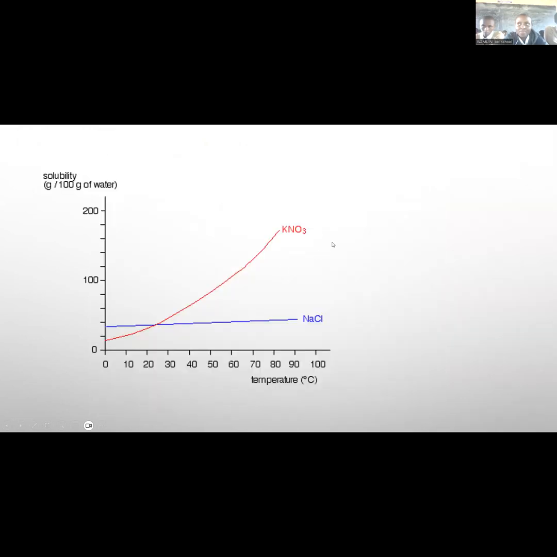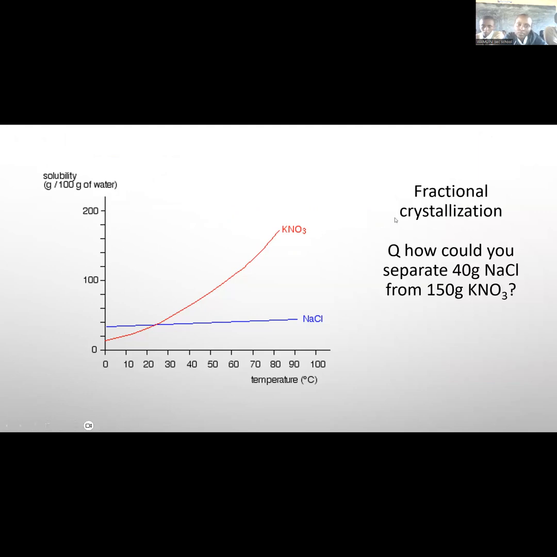Now, here is a question, and it's about something called fractional crystallization. The question is, how could you separate 40 grams of sodium chloride and 150 grams of potassium nitrate? How could these graphs help you?